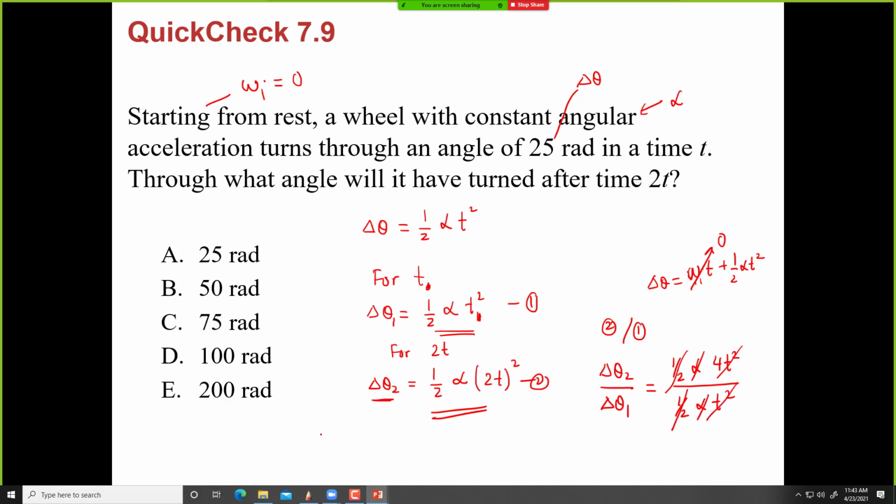So delta theta 2 over delta theta 1 is 4. So delta theta 2 is 4 times 25, this is 25, not 5. 25 times 4 is 100 radian.